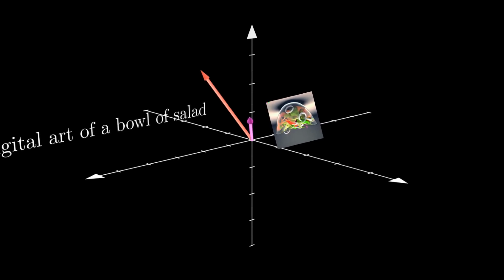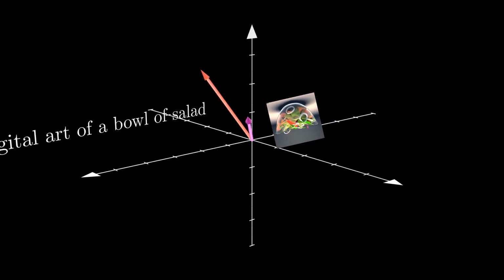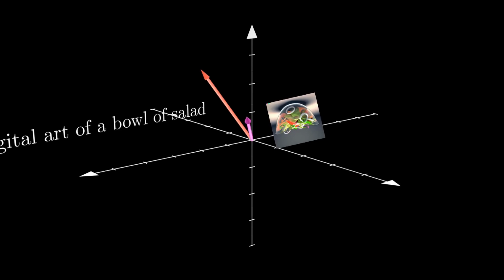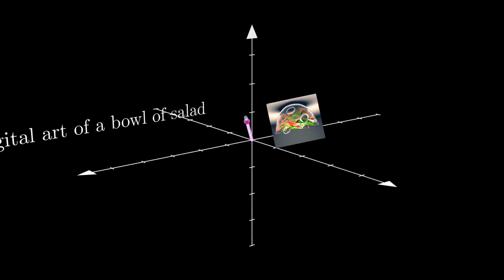They both represent a 3D digital art of a salad, except one of them is in image form and the other one is in text form. When we combine the image and the text vector together, we want them pointing in around the same space because they physically mean the same thing. So our goal is to change these two vectors so both of them point in around the same space. At least that is what we want.